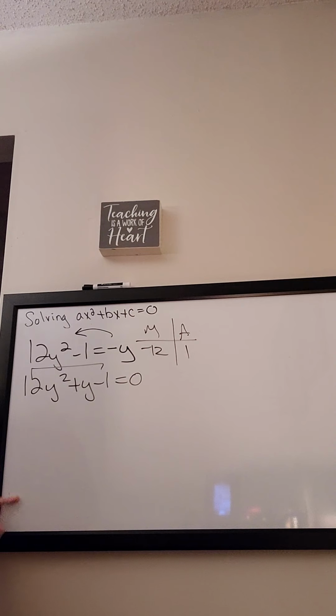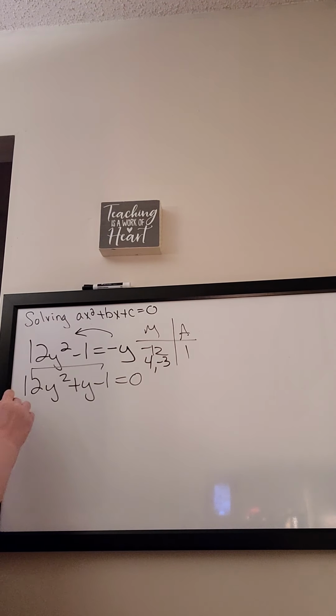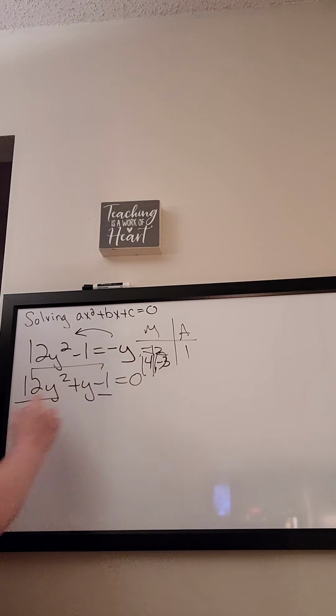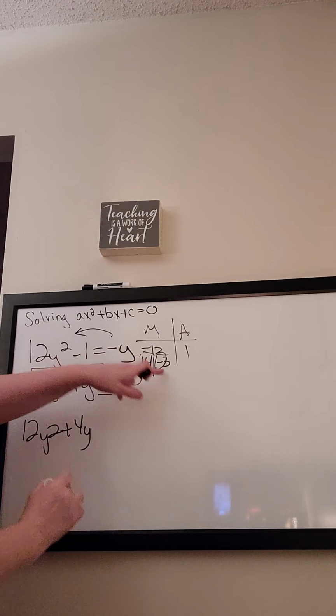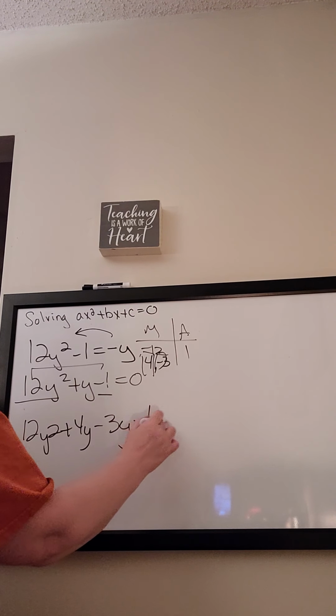So it's going to be positive 4 and negative 3. So I'm going to rewrite this. This stays the same and this stays the same, and this one I'm going to break up into what we just found here. So 12y squared plus 4y minus 3y minus 1 equals 0.